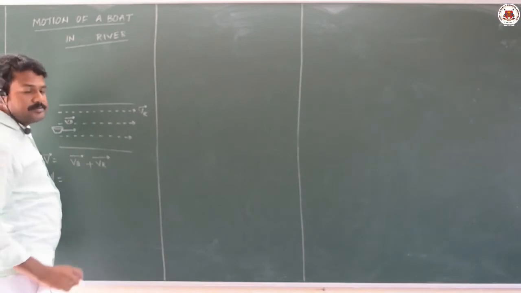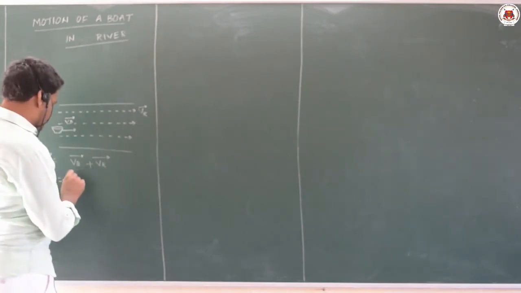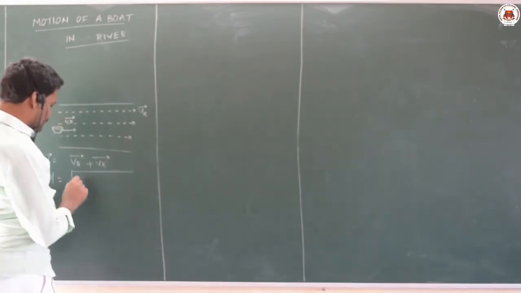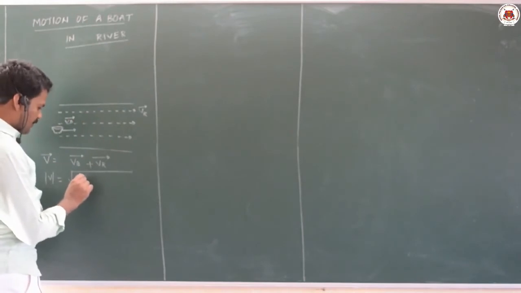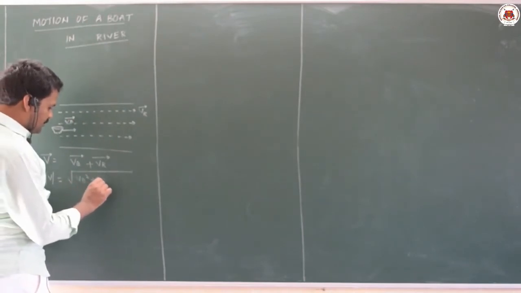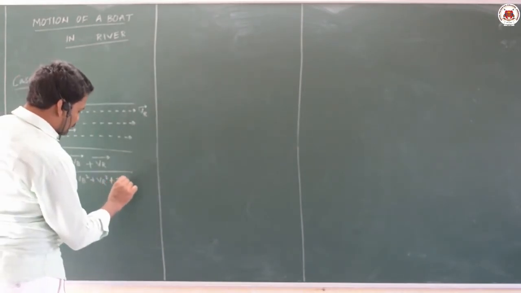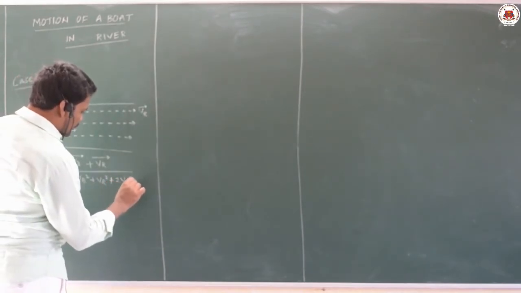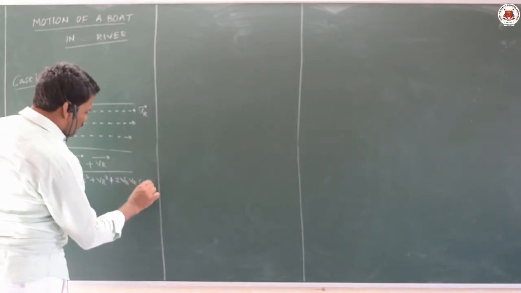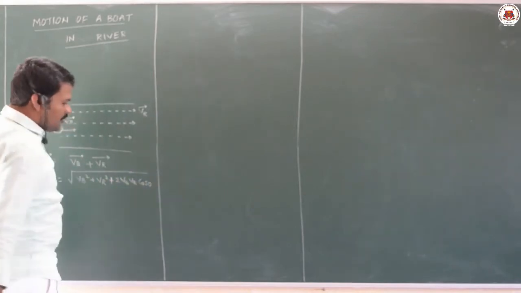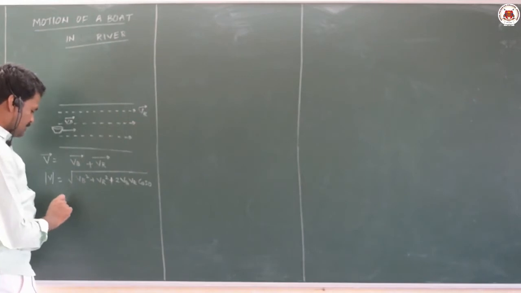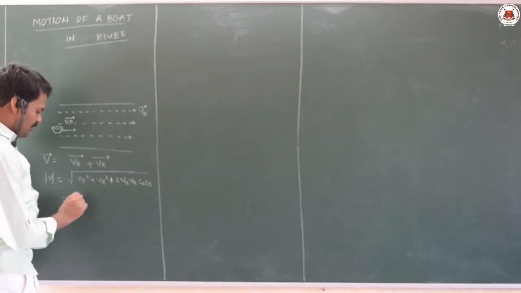Magnitude is equal to root of Vb square plus Vr square plus 2 Vb Vr cos 0, according to parallelogram law of vectors. Now, this you will get as Vb plus Vr.